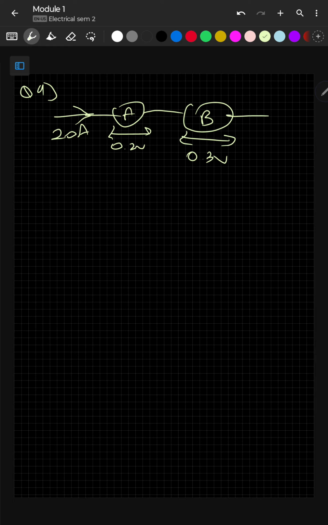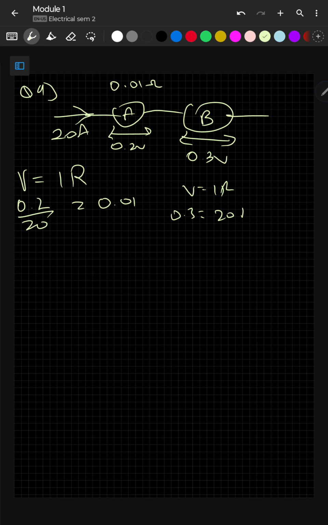I will tell you. 0.2 by 20 you do. You will get 0.01. That is the resistance of this. Yes or no? Now again V equals to IR. This is 0.3, 20 R. 0.3 by 20, 0.015 ohm. That is the resistance of this.